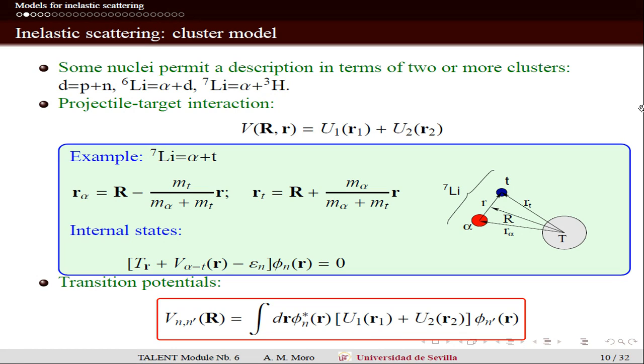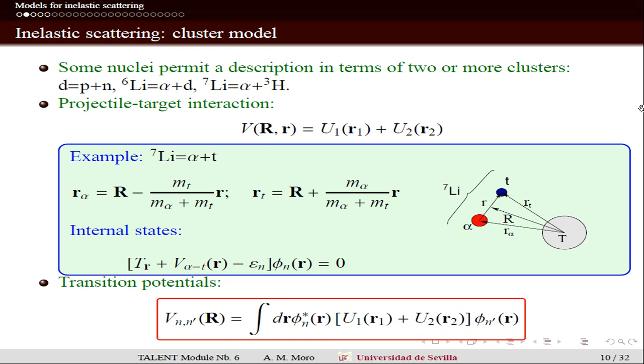So in this way we are assuming that the main degree of freedom that is governing the dynamics of the reaction is the one that corresponds to the relative motion between the clusters. But the clusters themselves are almost frozen.